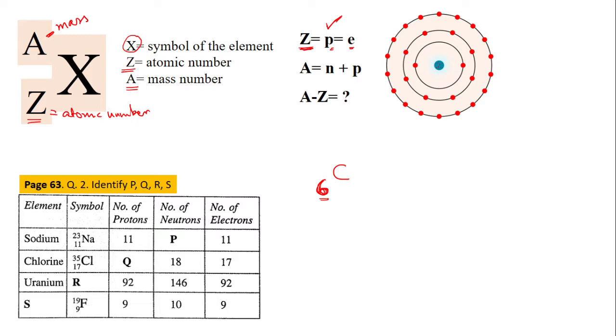Does chemical property depend upon the number of protons or number of electrons? Who is participating in a chemical reaction, proton or electron? Electrons.